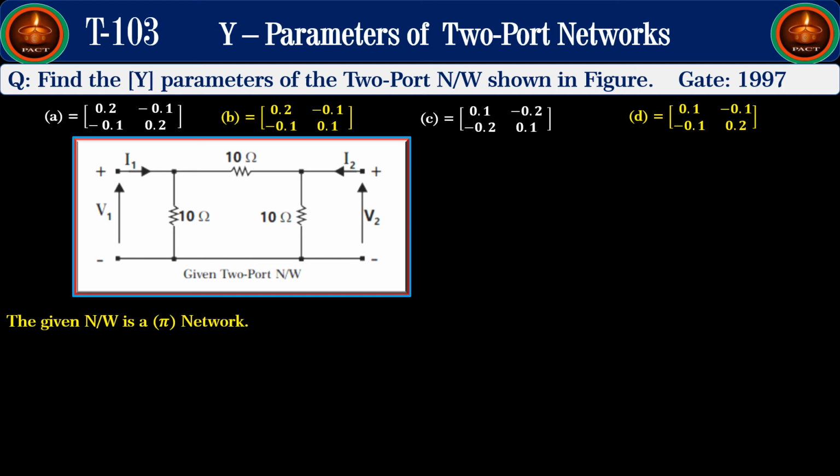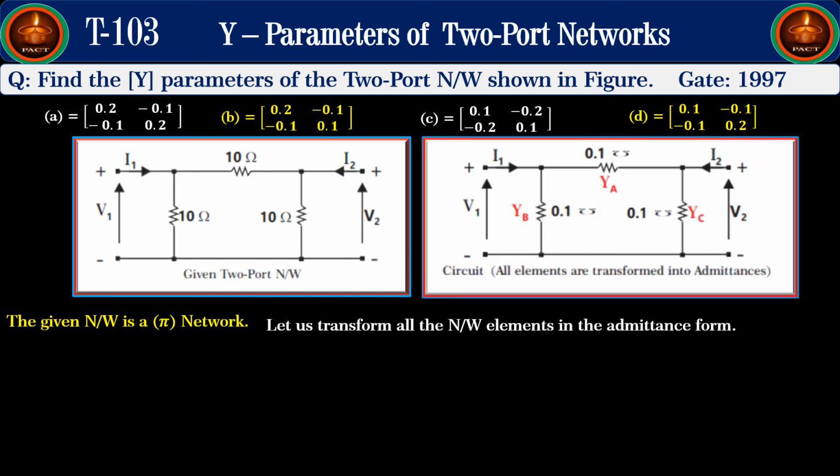So what we shall do is transform all the resistances into admittances as shown in the figure. This 10 ohm is equal to 0.1 mho, and let this be Ya. This 10 ohm is equal to 0.1 mho, and let this be Yb. And this 10 ohm is equal to 0.1 mho, and let this be Yc.